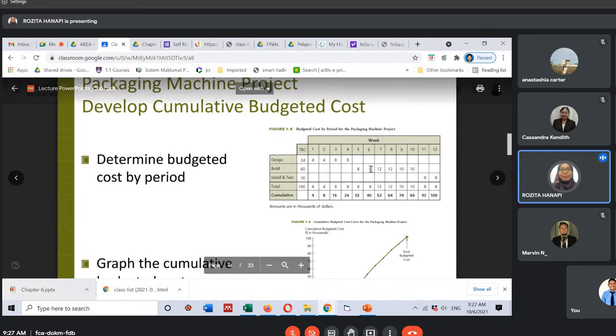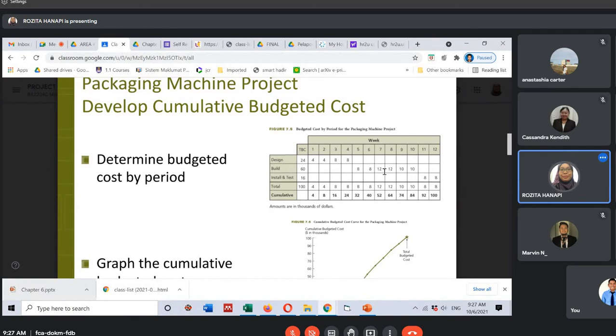So 8 plus 8 is 16, plus 12 is 28. 28 plus 12 is, correct? 28 plus 12, how much? 40. Is that right, madam? 40. 28 plus 12 is 40. Plus another 20, how much? 60. So the total is 60.